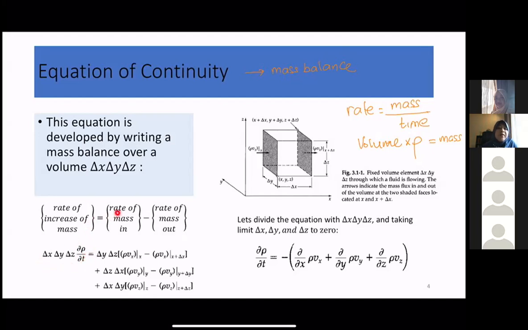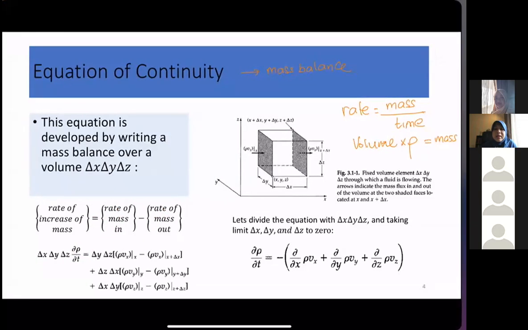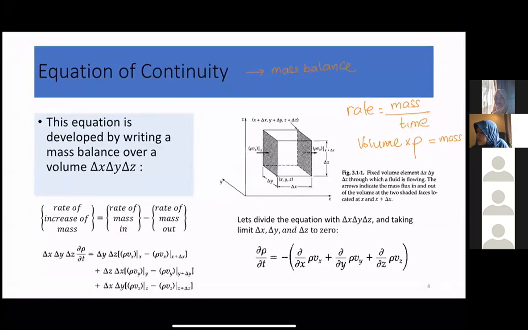Now we have to consider the rate of mass in.